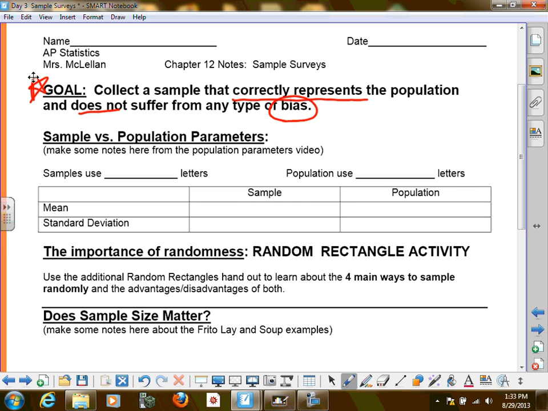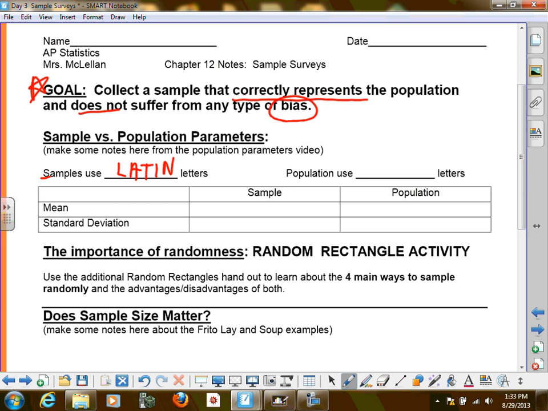Now, before we start that, it's important for you to understand that samples have different letters than populations. A sample, which is just your little bitty sample, uses Latin letters.